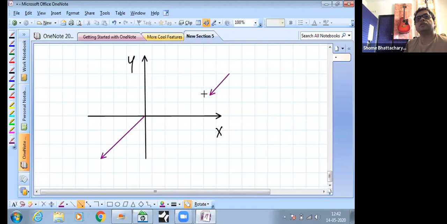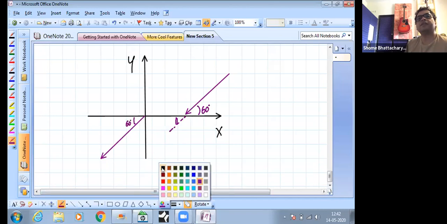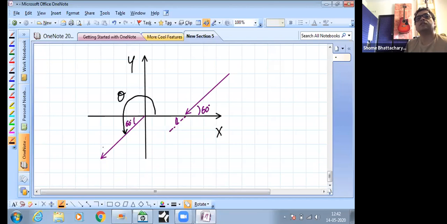What I had shown over here, we'll have to reposition it and place it here. Now this angle was 60. So if this angle is 60, what about the angle it is making with the positive x-axis? This theta for the vector D is actually 180 plus 60, or 240 degrees.